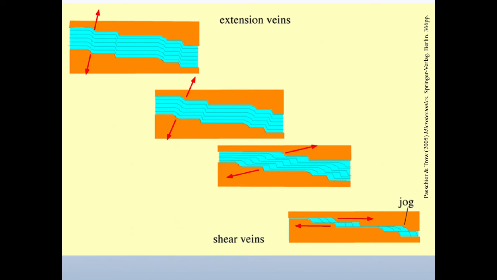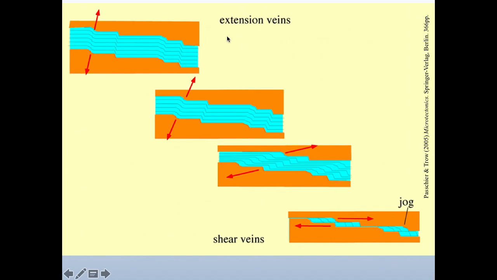Here we've got probably six episodes of cracking, and little bits of the wall rock become incorporated in those veins, so you can see this record of opening. Based on how these line up, you can see the direction of opening.